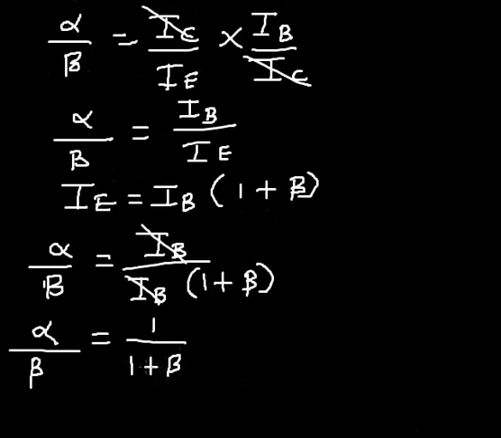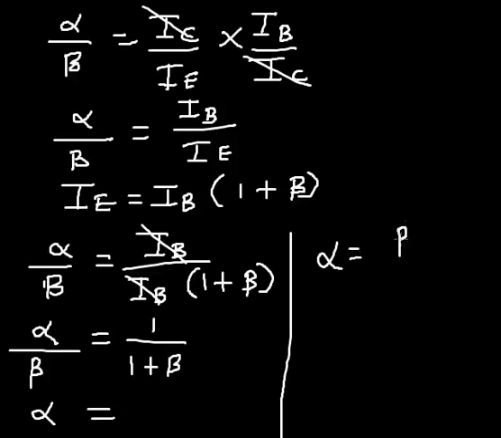If I cross multiply, I can simply have that alpha is equal to beta divided by 1 plus beta.